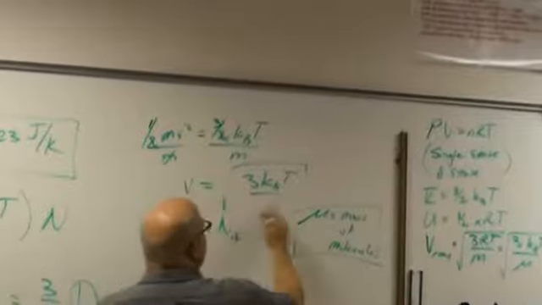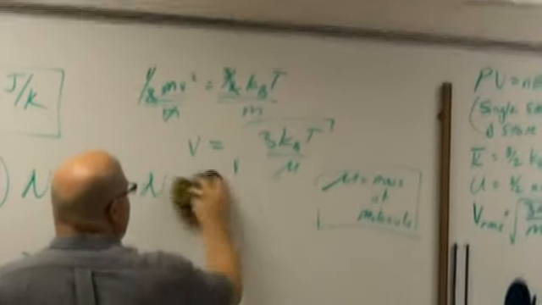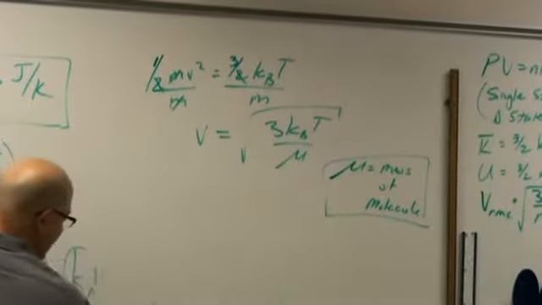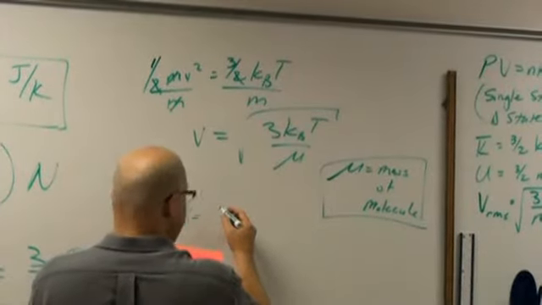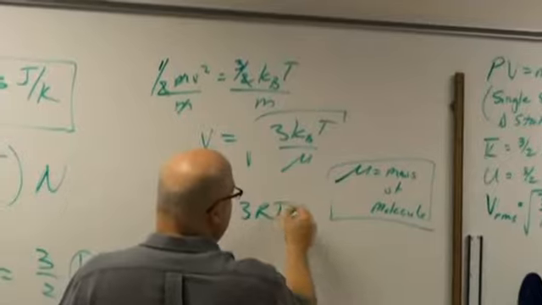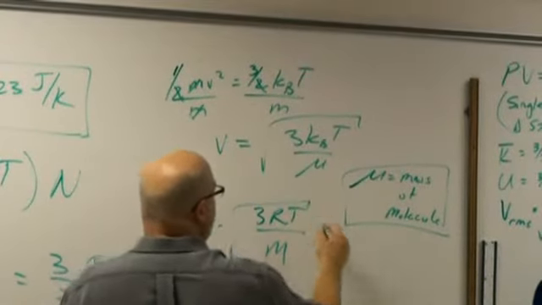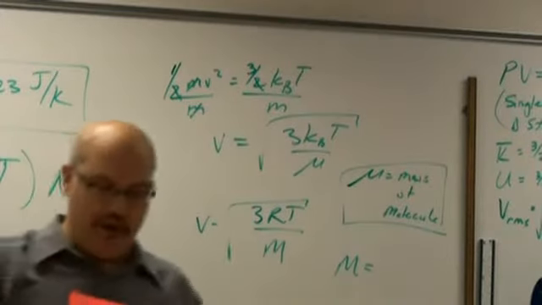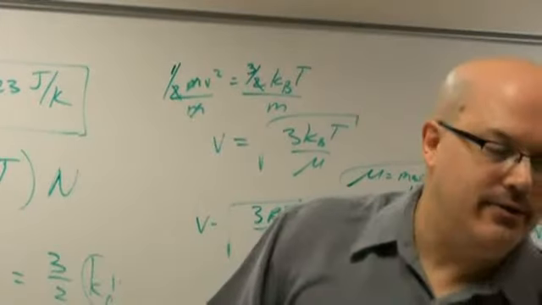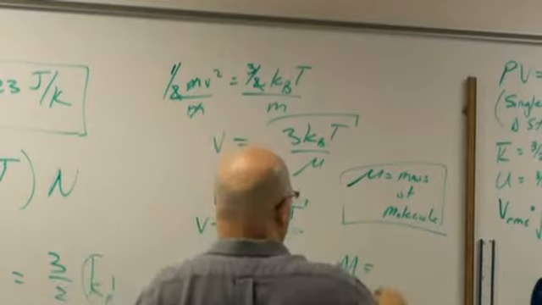They just write it mu so you know which mass they're talking about. You can also rewrite this to be 3RT over capital M, where capital M equals, I think that's molar mass, is that right? Yeah, it's molar mass.